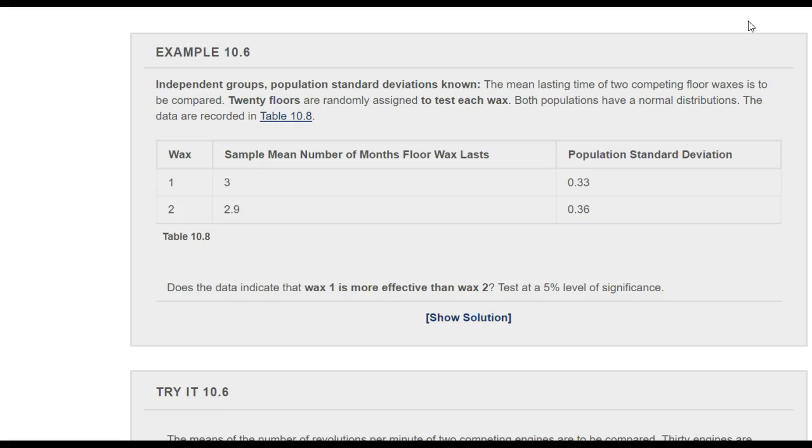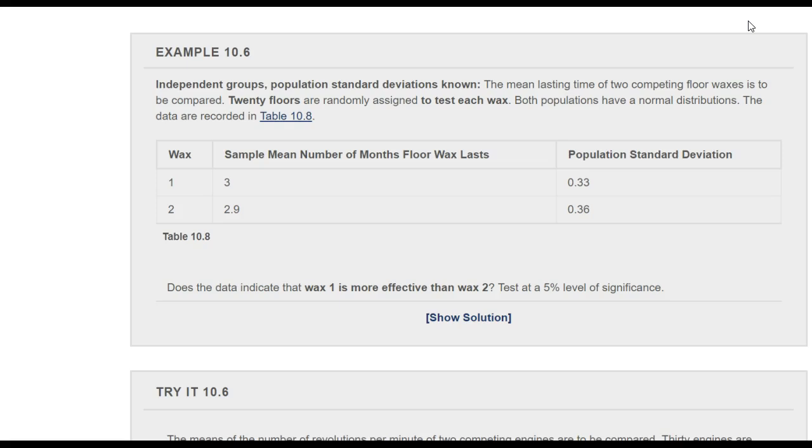So we want to know if the average for wax 1 is greater than the average lasting time of wax 2. Because of that, this is a one-tailed test. And if mu1 is greater than mu2, that is a right-tailed test.